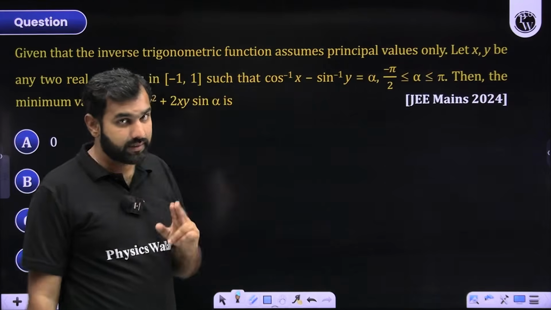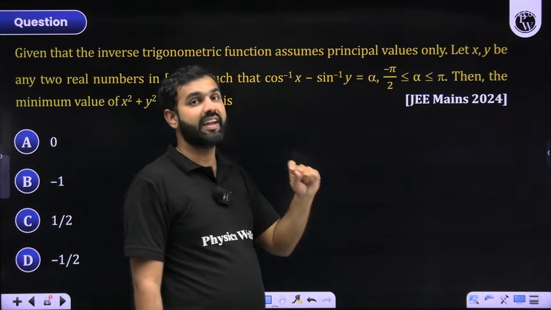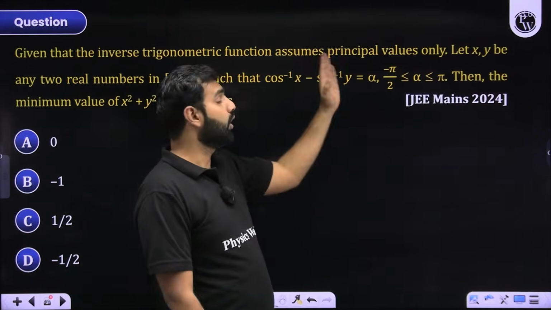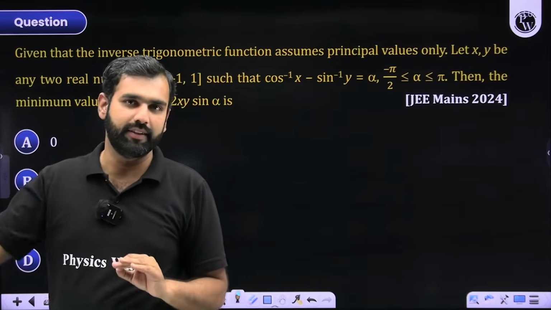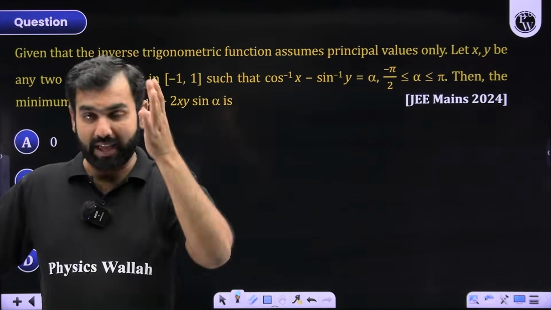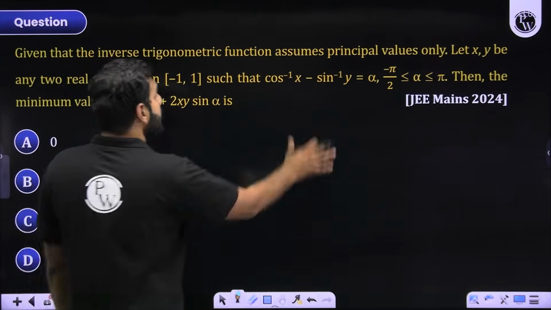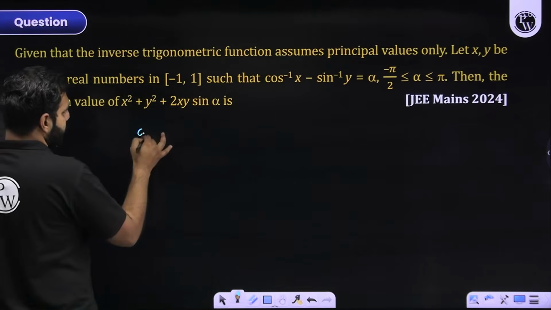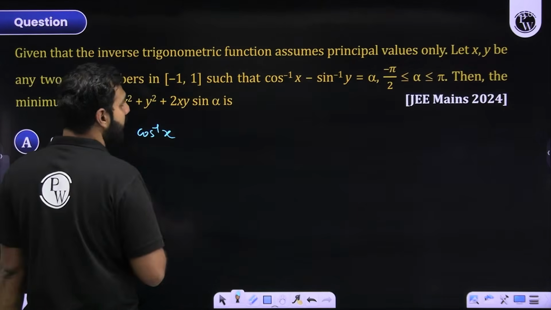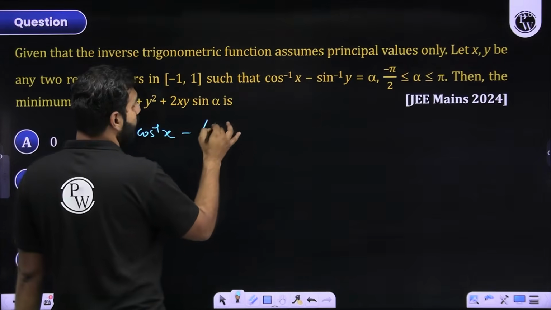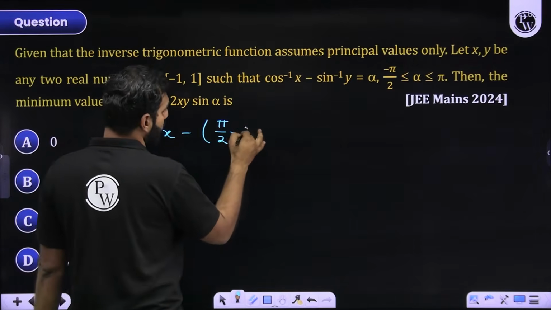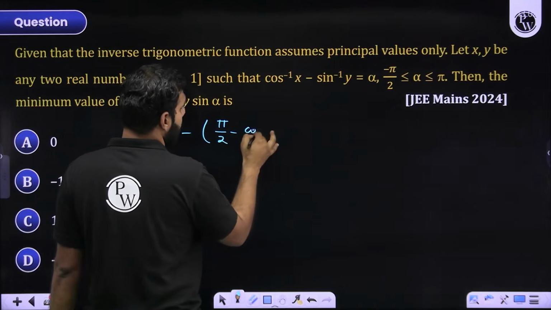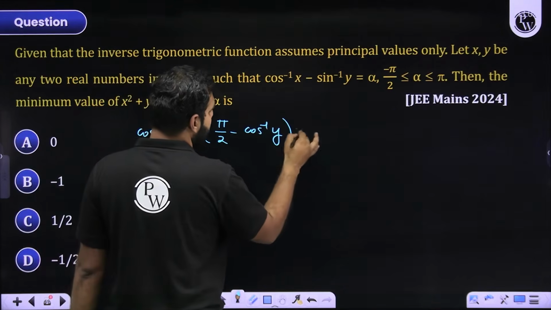Or even the other version could be that this sine inverse y can be written as pi by 2 minus cos inverse y. I hope you all must agree with that. So whichever result you wish to use can be used. So here, let me rewrite this question as, first of all, cos inverse x I'm keeping intact minus sine inverse y. Can I not write it as pi by 2 minus cos inverse y without any hesitation, which is given as alpha?